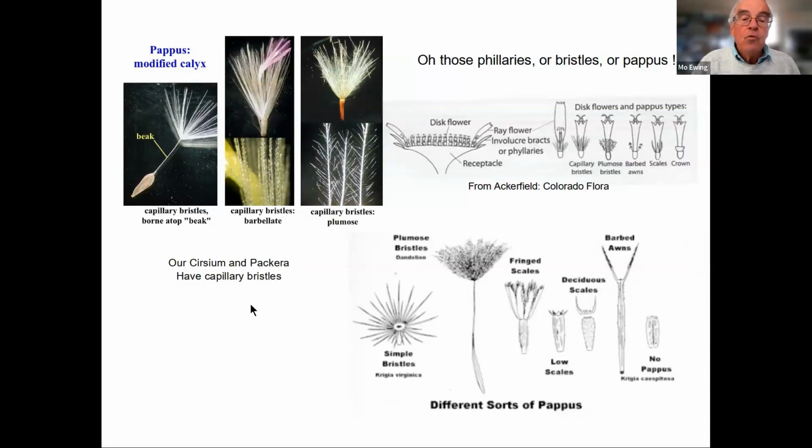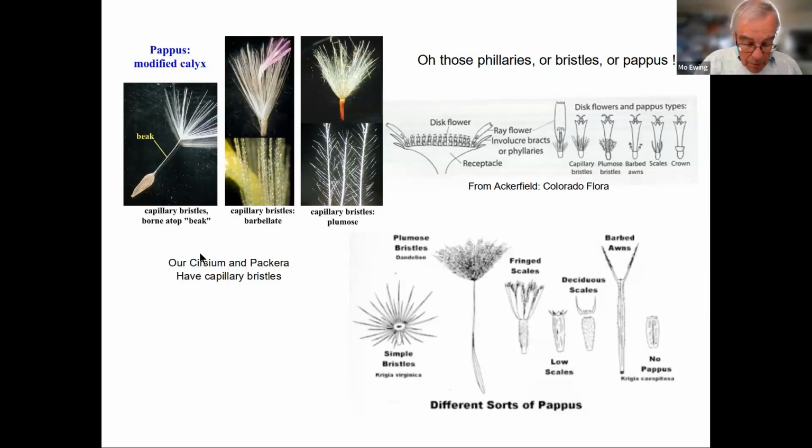And there are 2 groupings of pappus. One of them is capillary. These are basically pappuses with long, clear, hair-like things that come out here. And there are 3 different kinds.